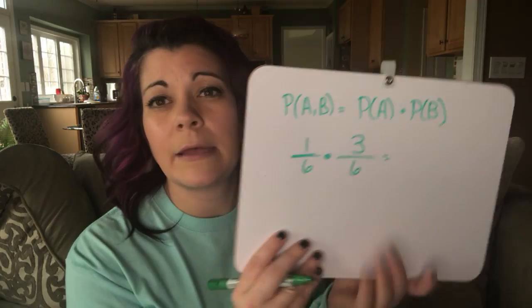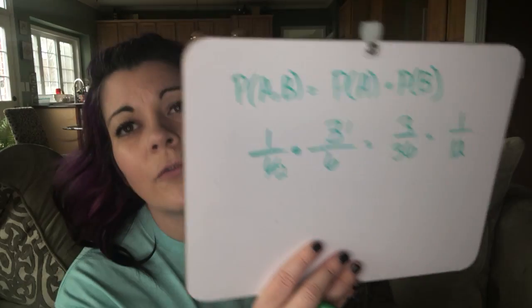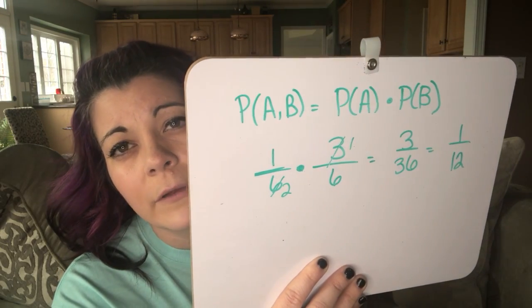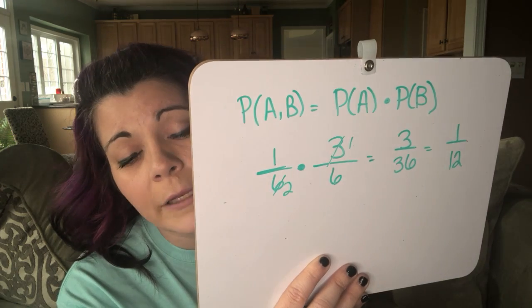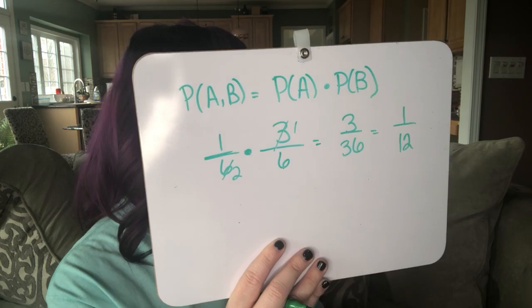So we're going to multiply those two probabilities together. 1/6 times 3/6 is 3 over 36, which is 1 over 12. Okay? So 3 out of 36, which is 1 over 12. So the probability of rolling a 2 and then rolling an even number is a 1 out of 12 chance.